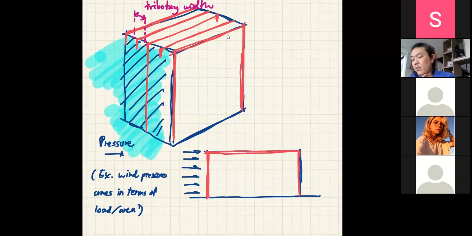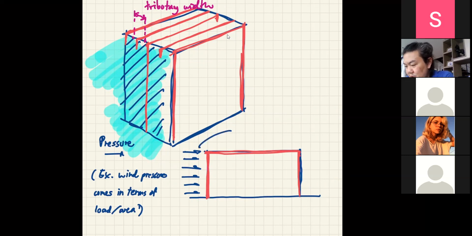So when you focus on one two-dimensional frame, that's what I wanted to say, this load must be multiplied by the tributary width so that the problem becomes 2D, right?